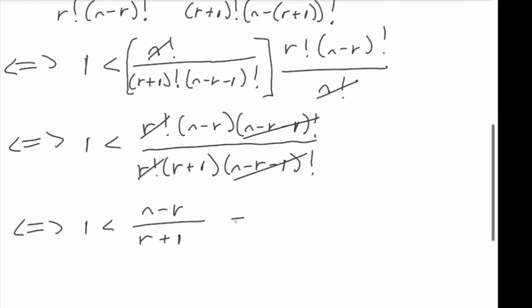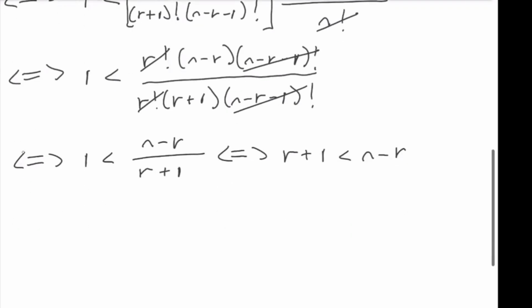And in this instance, if I multiply both sides by r plus 1, I get r plus 1 is less than n minus r. And then, of course, I can add r to both sides to get 2r plus 1 is less than n.